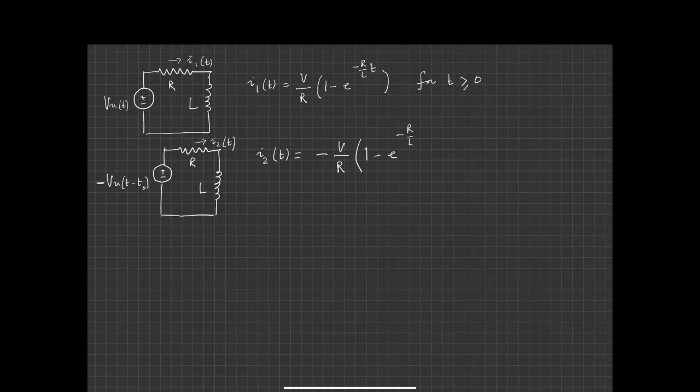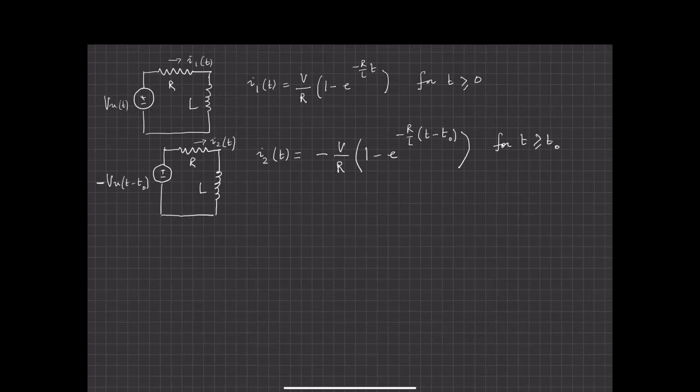So the argument here is t minus t naught, close parens, and this is the case for t greater than or equal to t naught, because this source comes on at t naught.